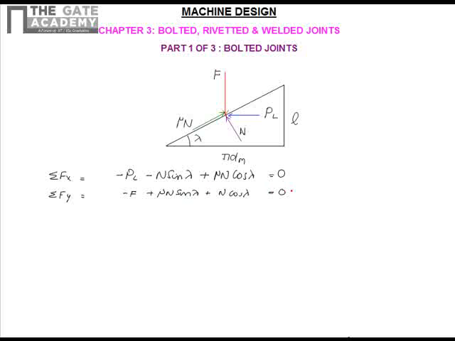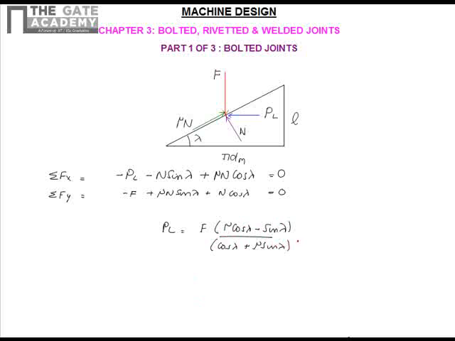Similarly, as we have done in the above case, we try to eliminate the normal reaction from the expression. So finally we get the lowering load is equal to F into mu cos lambda minus sin lambda divided by cos lambda plus mu sin lambda.